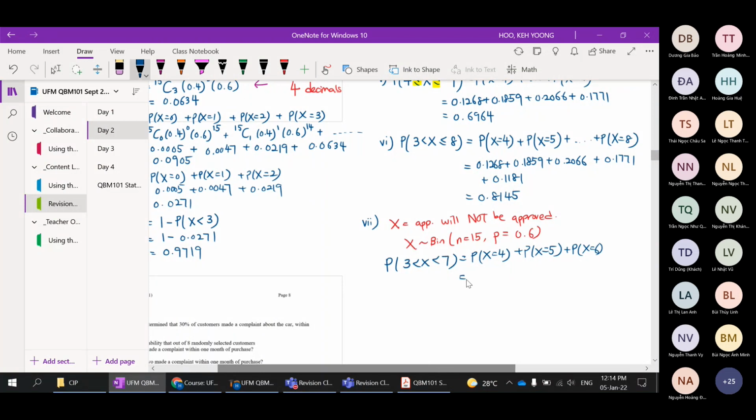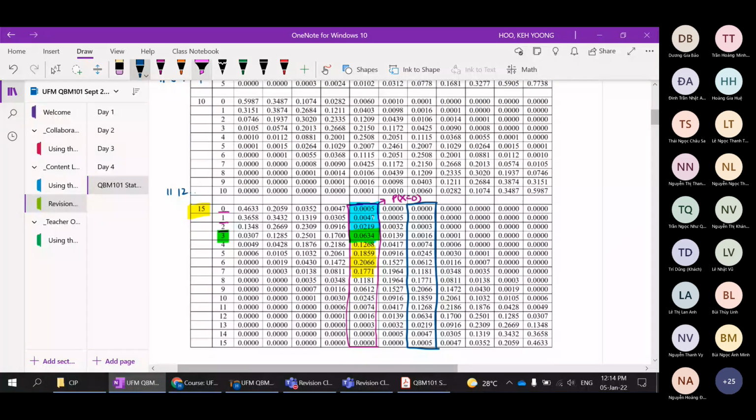So use either the formulas or the statistical table. You refer to 4, 5, 6.